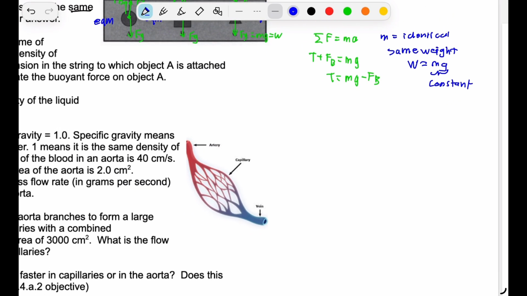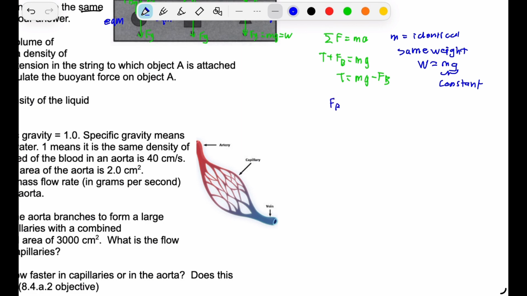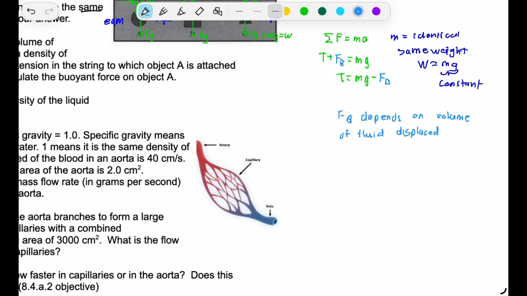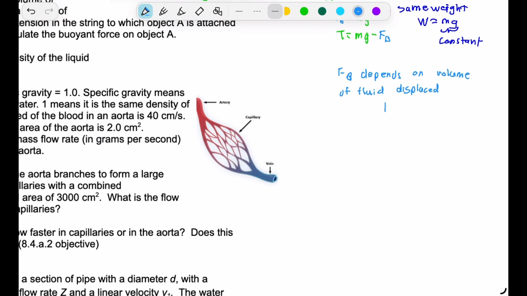So our buoyant force, FB, is dependent on the volume of the fluid that is displaced. We know the formula for buoyant force is equal to rho of the liquid times V times g.